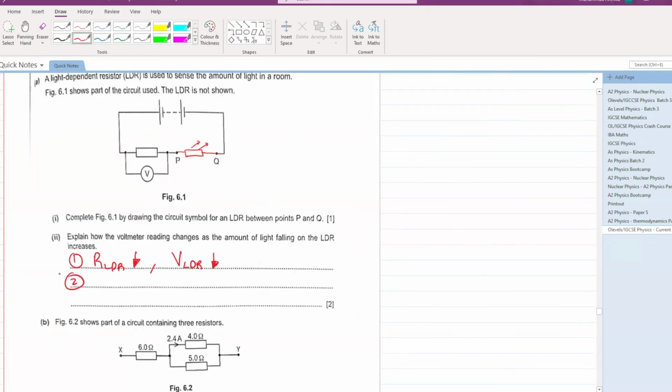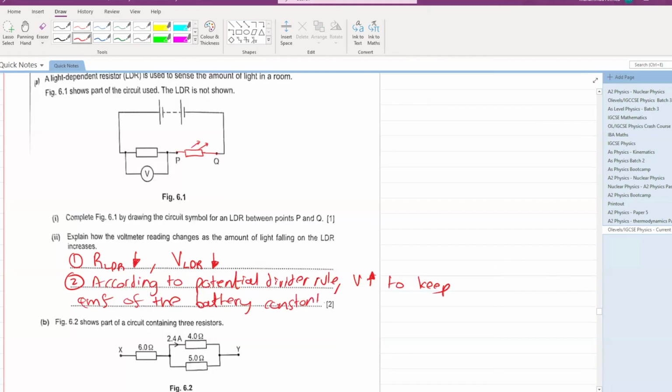What will be your second statement? You will say, according to the potential divider rule, the voltmeter reading increases to keep the EMF of the battery constant. Simple.